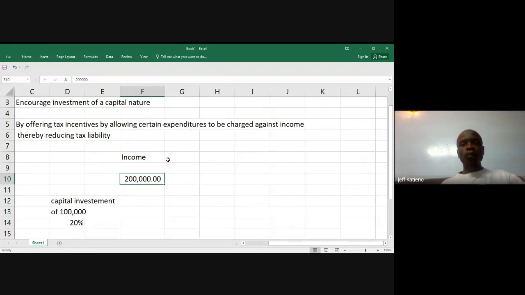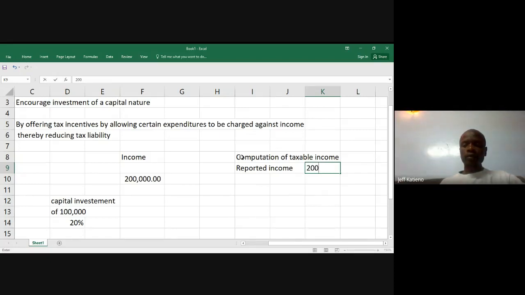When you are computing taxable income, you will have reported income, which is 200,000. Then you less capital deduction allowance. This allowance, in this case, is a hypothetical figure, just for the purposes of an example.